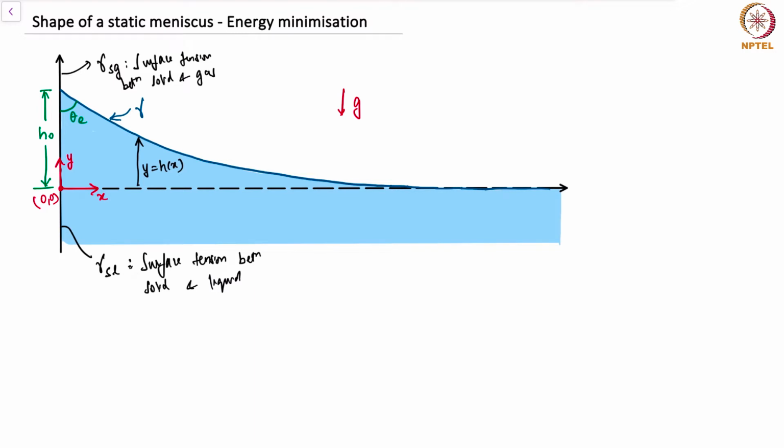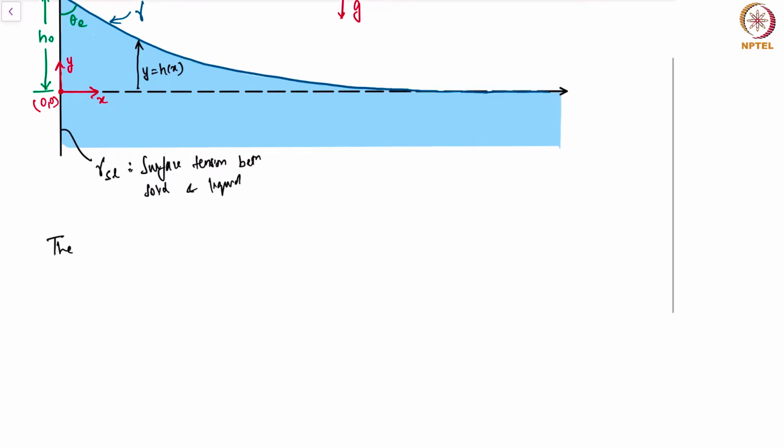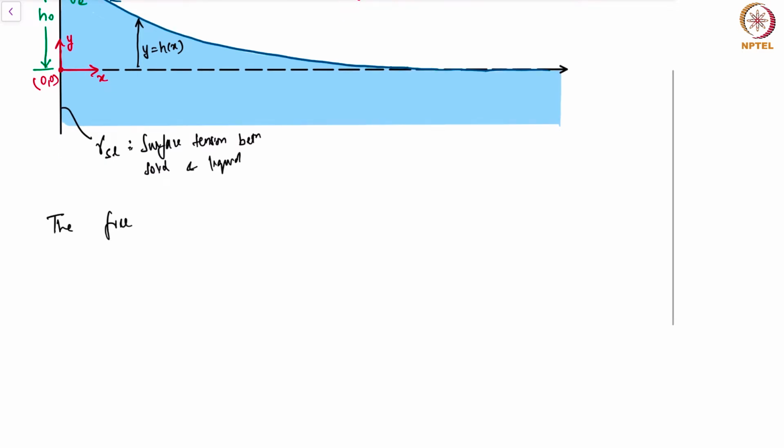Now we'll first take a look at the free energy of the meniscus. This free energy of the meniscus is primarily the change in the energy from the original state.